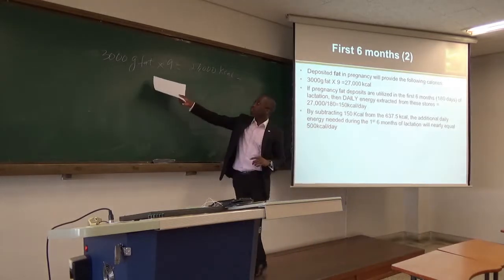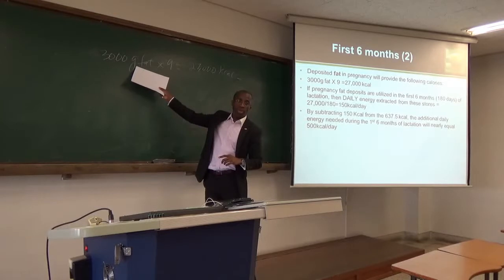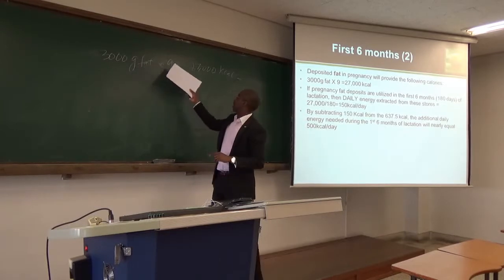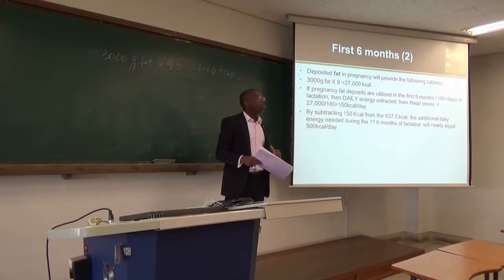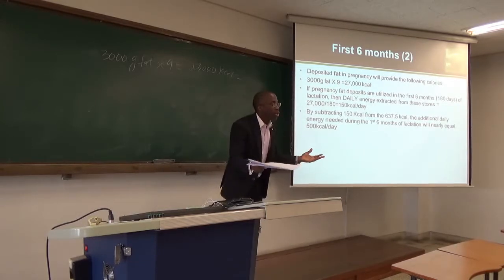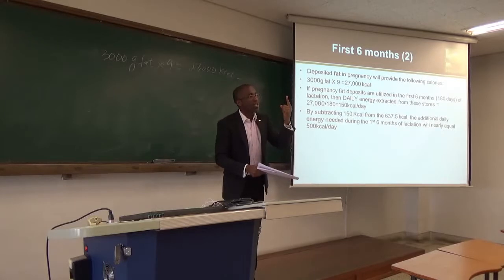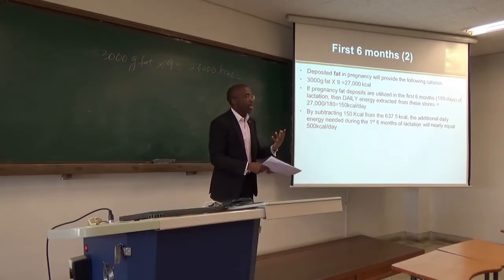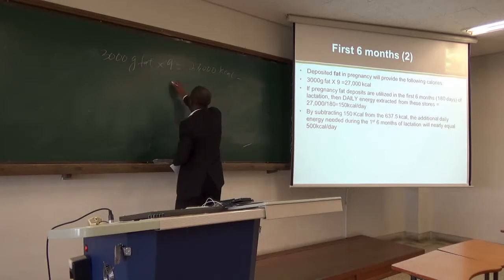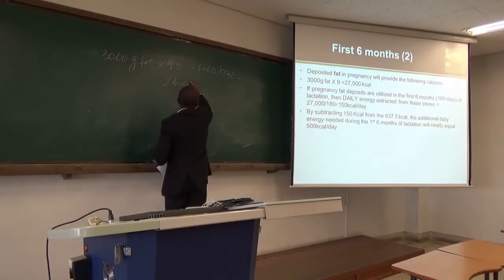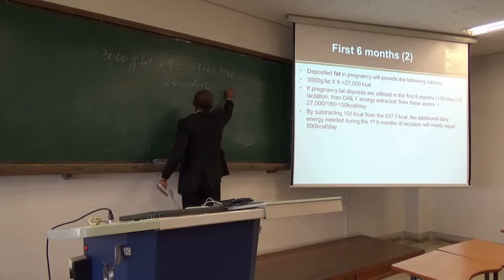Because we have 3,000 grams of fat, 27,000 kilocalories. This is the total energy for 6 months. So how much energy for 1 day do we get from the mother then? This 27,000 kilocalories is for how many days?